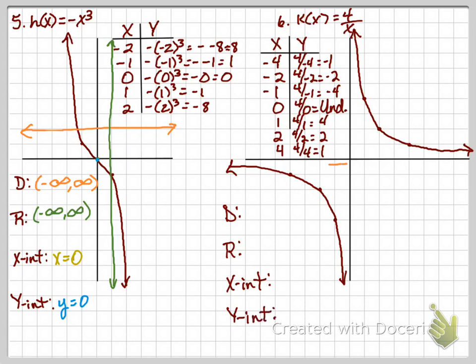In the orange, notice, I'm going to pause that for a second so you can see this. Notice that my line did not go all the way through. That is because at 0, my graph is undefined. That's where I have that line of asymptote right there.